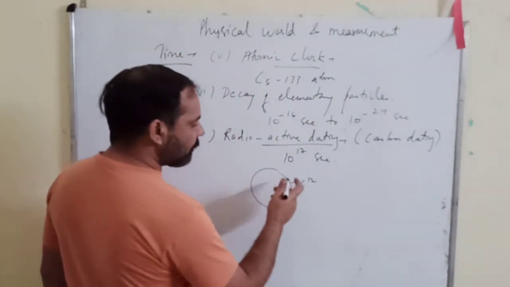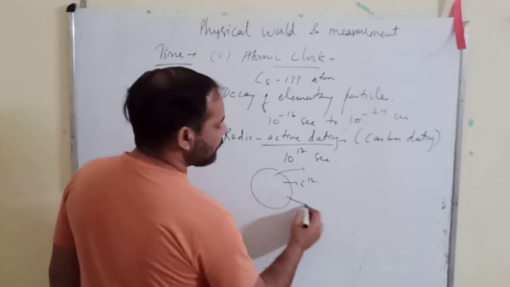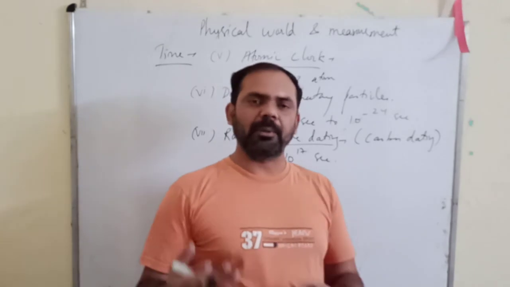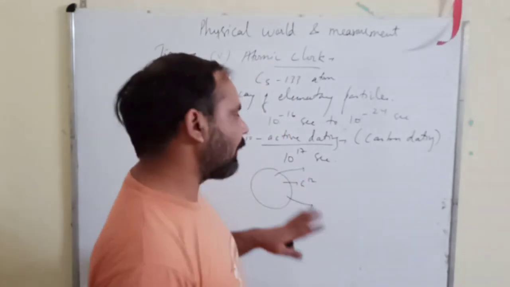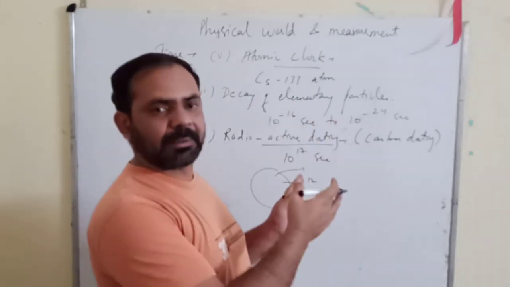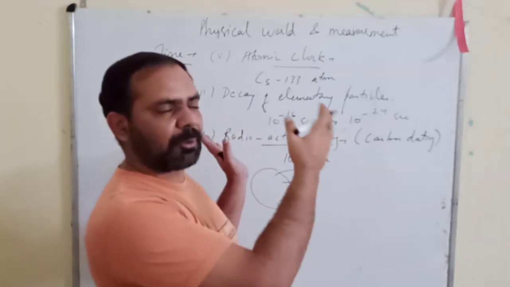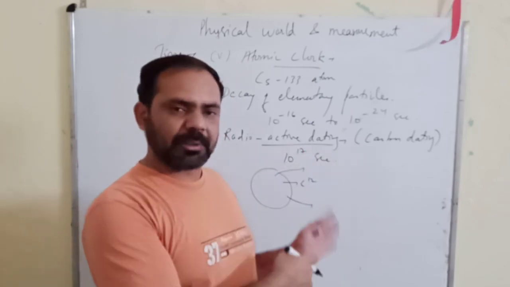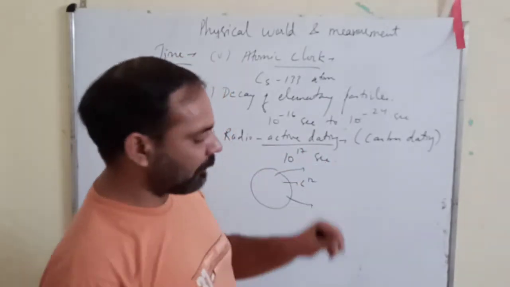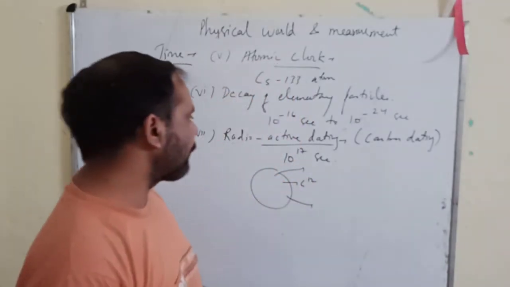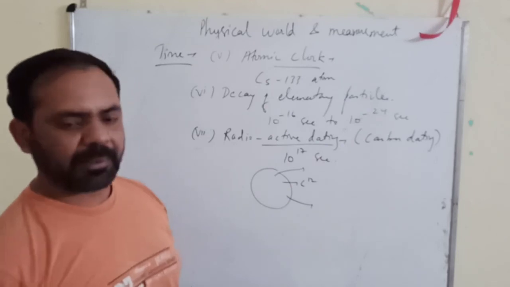Now how much carbon-12 initially should be there and how much is present now? With the help of that measurement, we calculate the life of that fossil, meaning how many years back it was present. So with the help of that method, we calculate the age of fossils. This is a method called radioactive dating or carbon dating.